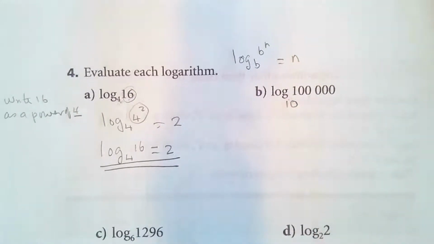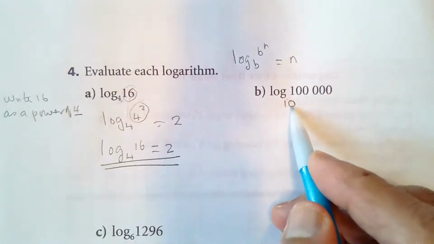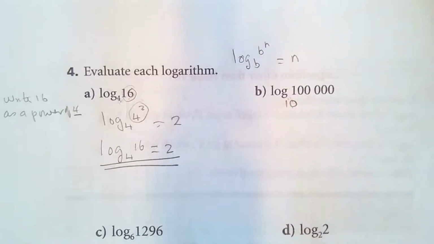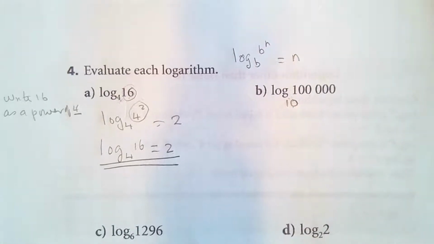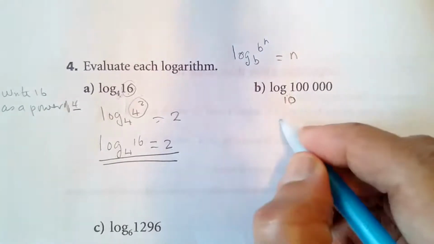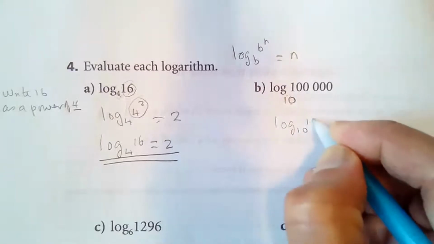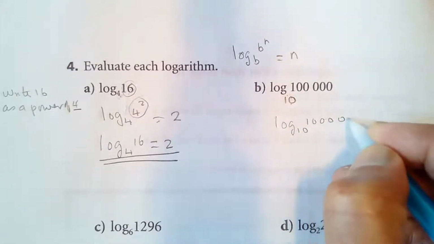This is standard. So if you see a question where there's no base, by default it's 10, because it's so commonly used. Engineers love this value. So essentially this is going to be log base 10 of 100,000.